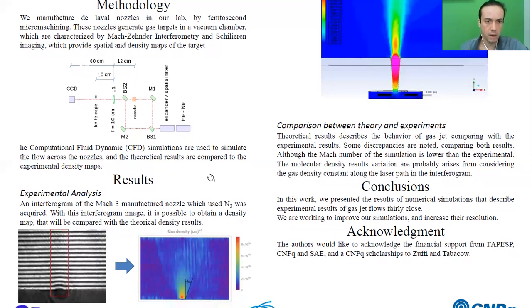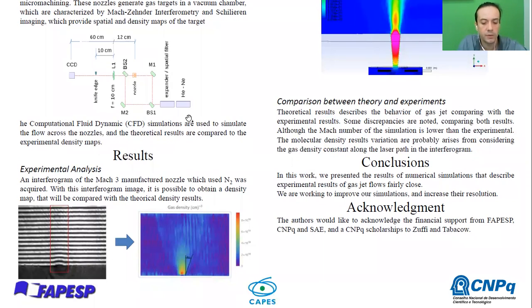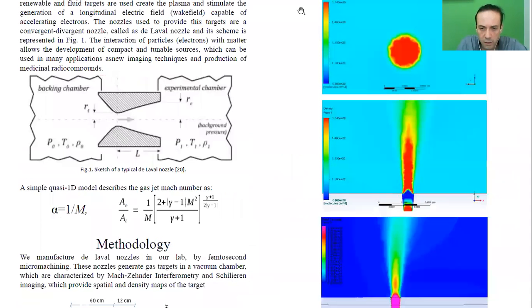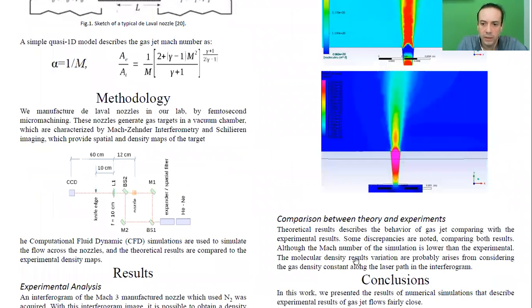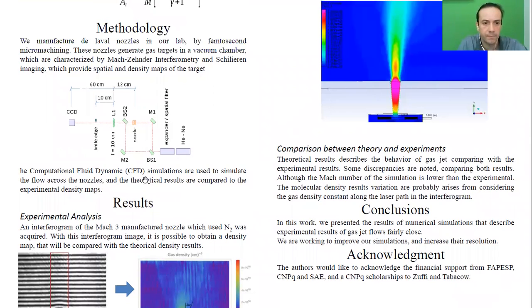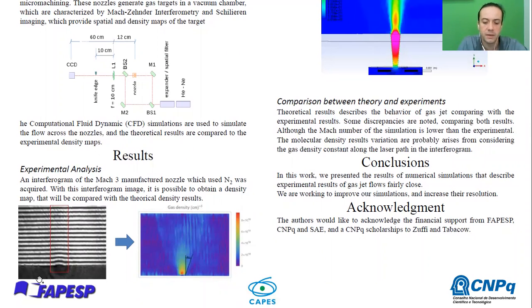In the results section, we divide into experimental, theoretical, and the comparison between them. In the experimental analysis, this figure presents the interferogram image acquired by our CCD, and this right figure shows the density map derived from it.